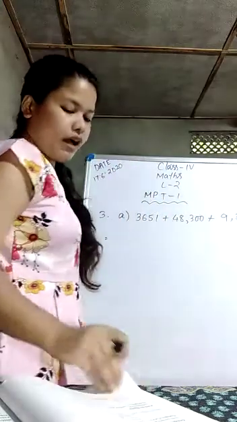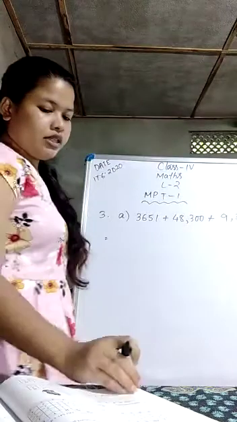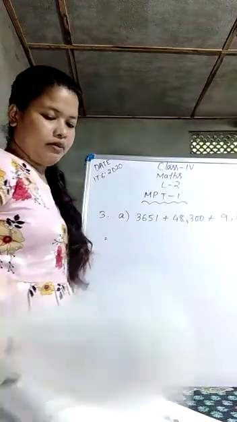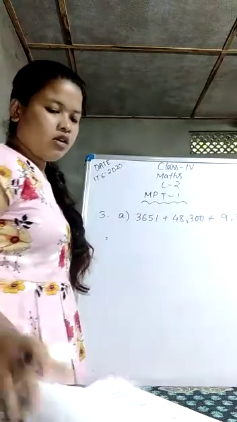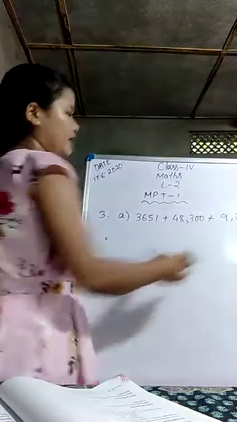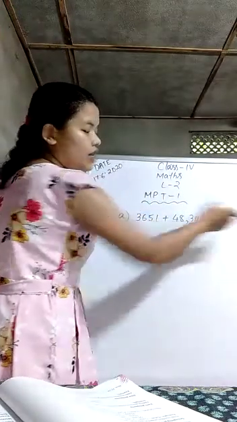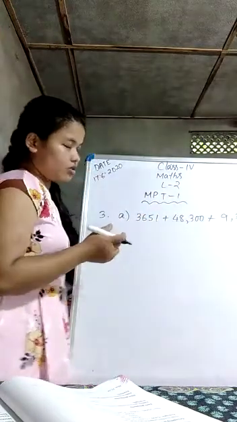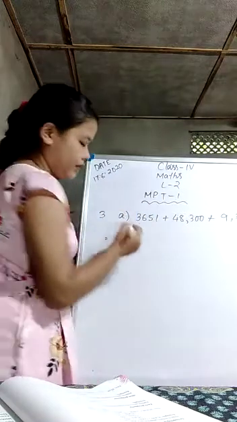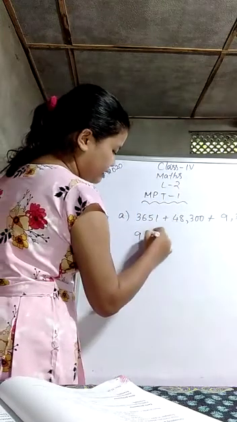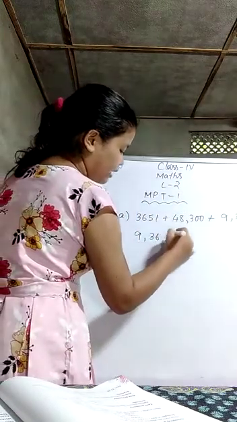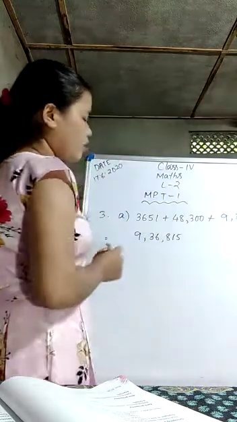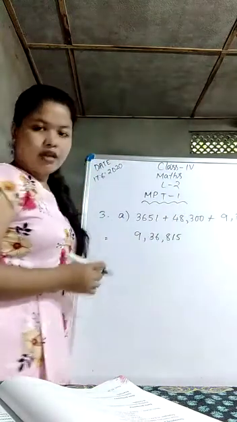First we will write the numbers in column. Which one is the bigger number? 9,36,815. So we will write this one at first. Then 48,300.